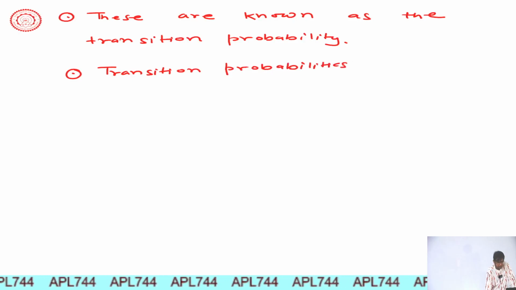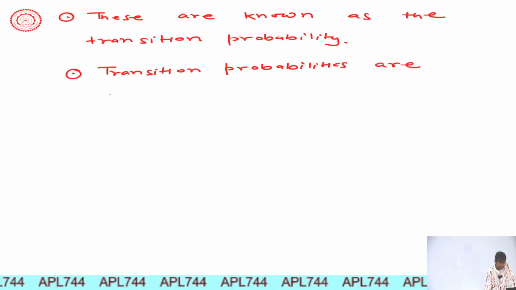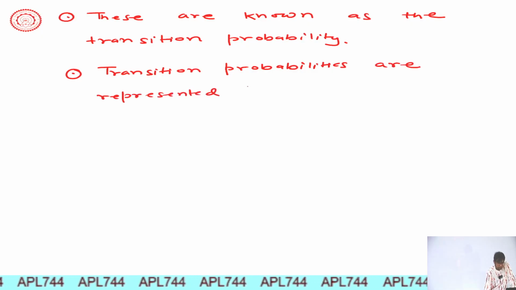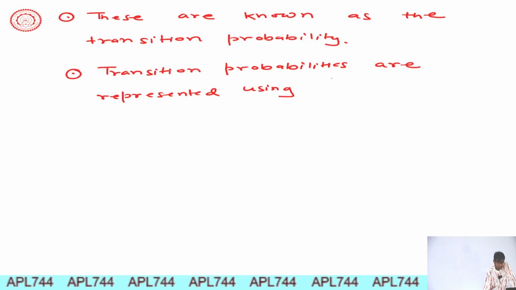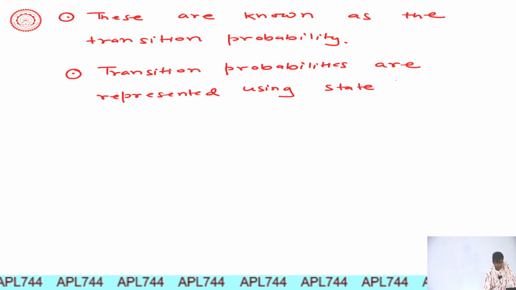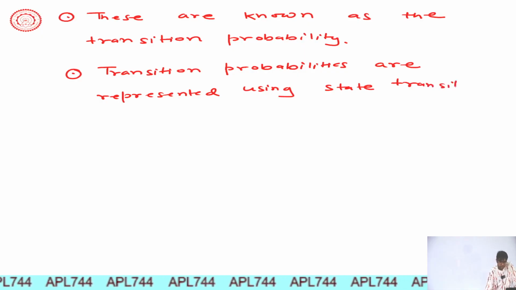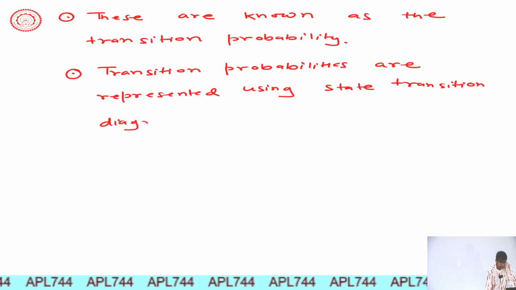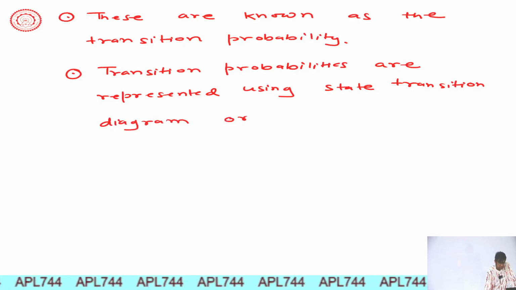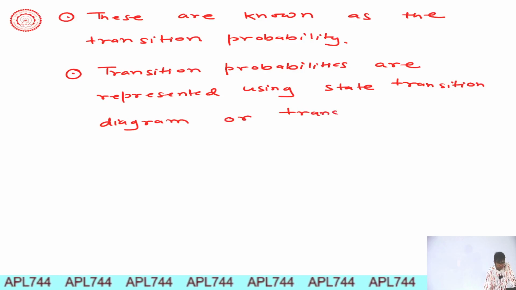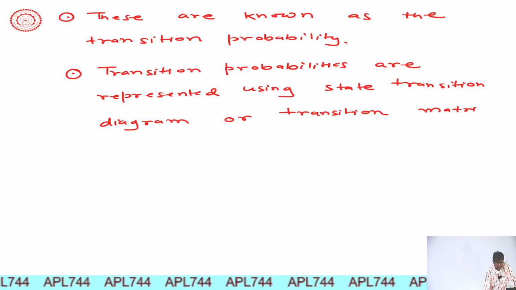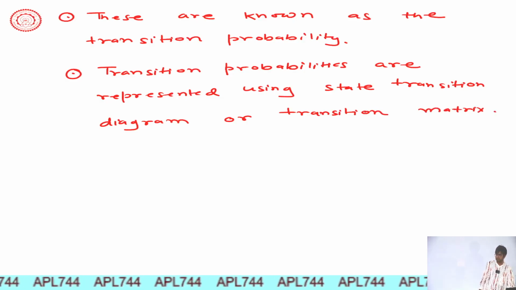And it's a matrix because we are in discrete. In continuous it will be something else.